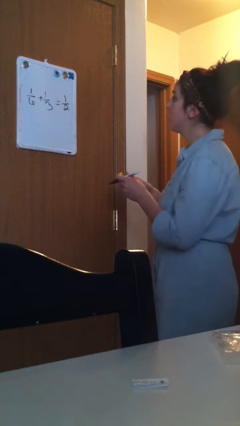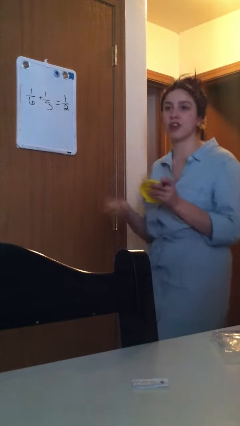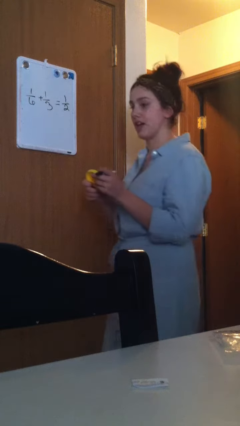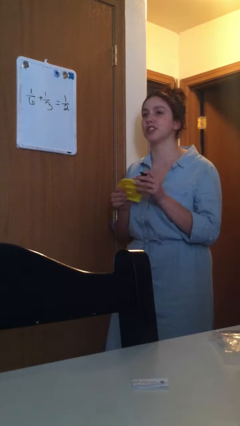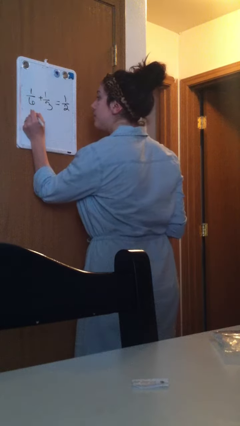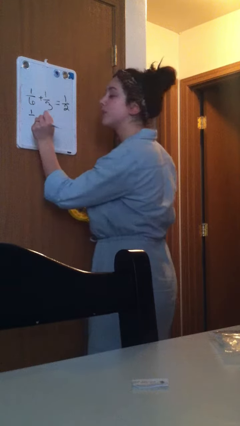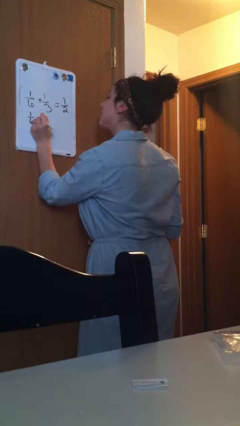So if we wanted to do this using a different strategy, maybe one that we learned yesterday, what would we do? What is that strategy called? The multiplicative rule. Very nice.